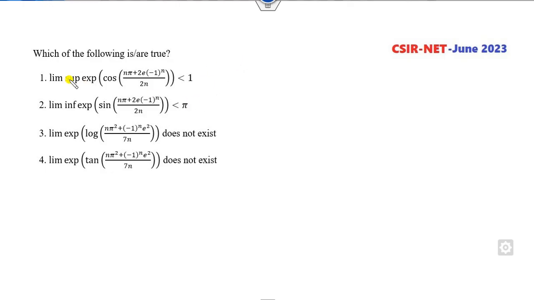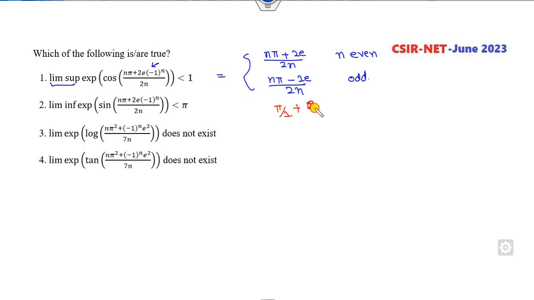Look at this one. Again you are finding the limit supremum, and (-1) raised to power n appears. When n is even, this number is (n pi + 2e) divided by 2n, otherwise (n pi - 2e) over 2n. Fine. So if I take it separately, it's pi over 2 + e over n, otherwise pi over 2 - e over n.